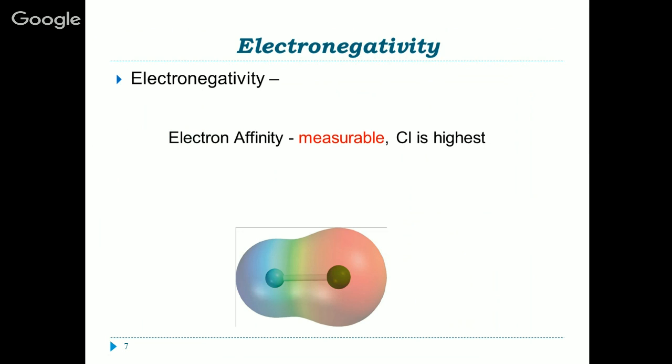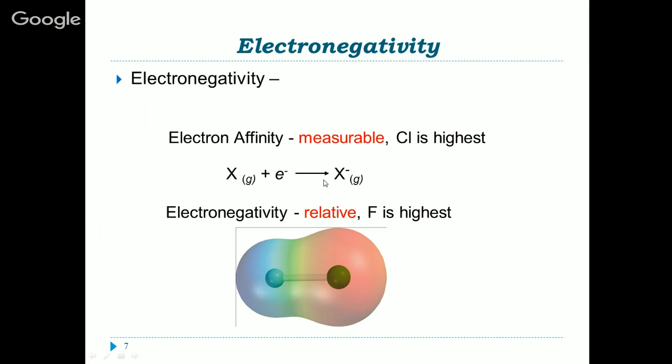Why would this be? Well, we have a term called electronegativity. And electronegativity looks at how strong of an attraction an atom has to shared electrons. And these are arbitrary values that are assigned. It is not measurable, right? We talked about electron affinity in the last chapter, and that is the energy associated with an atom accepting an electron.